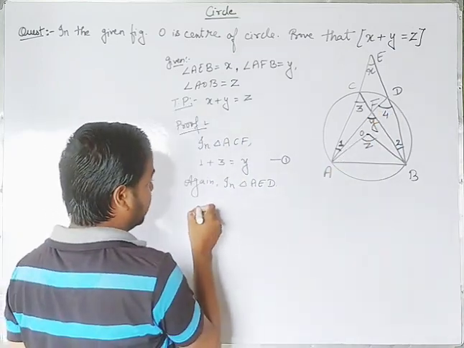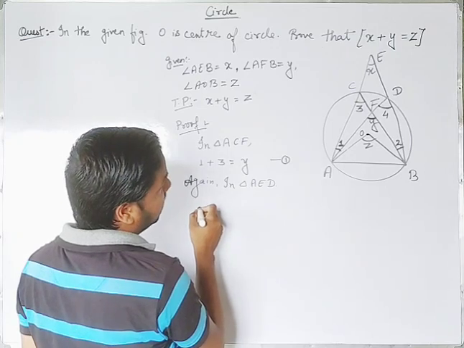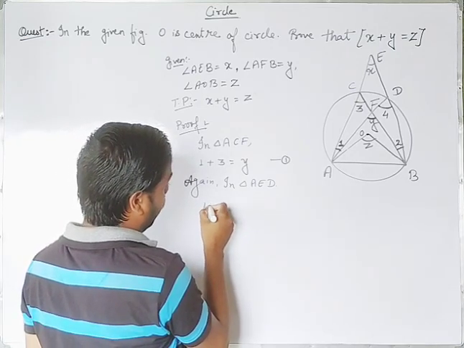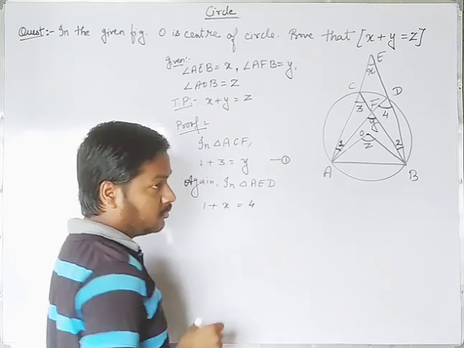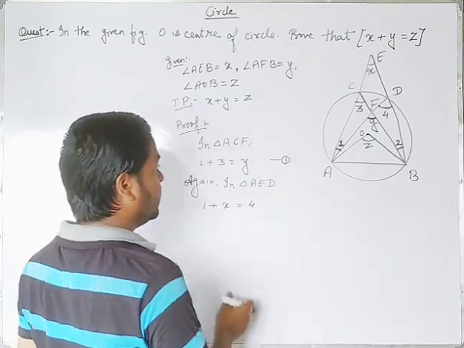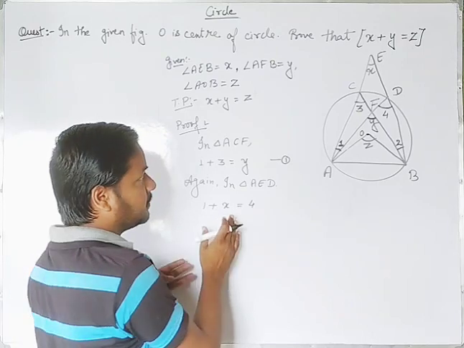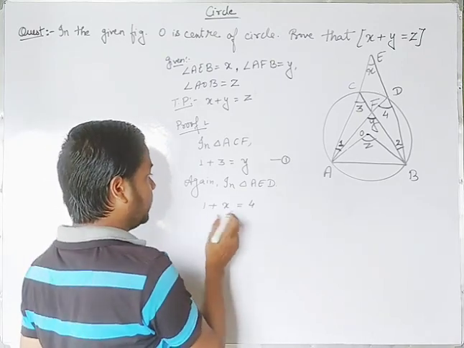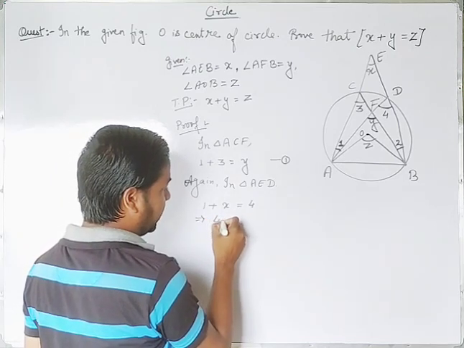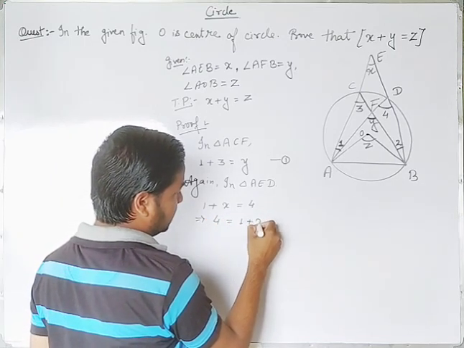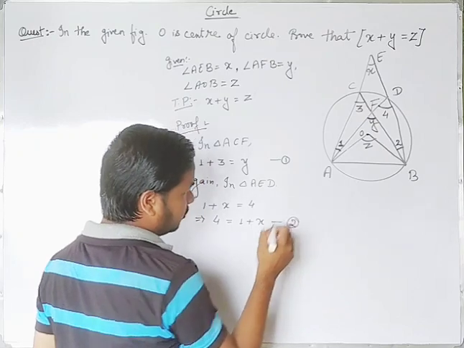So we can write 1 plus x is equal to 4. We can write this step the opposite way, that 4 will come this side and 1 plus x will go that side: 4 is equal to 1 plus x. Let it be equation 2.